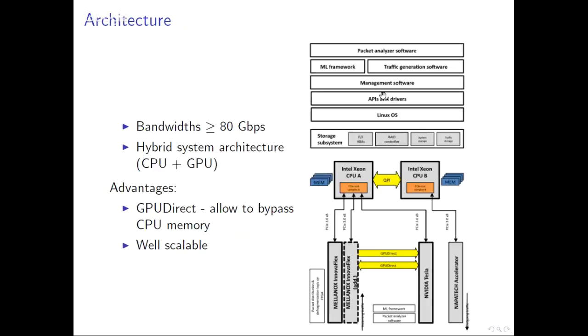So we are working with bandwidth higher than 80 gigabits per second. The main advantage is GPU Direct technology, because the weak place of many solutions in this area is that we should first allocate our captured data in the CPU memory.